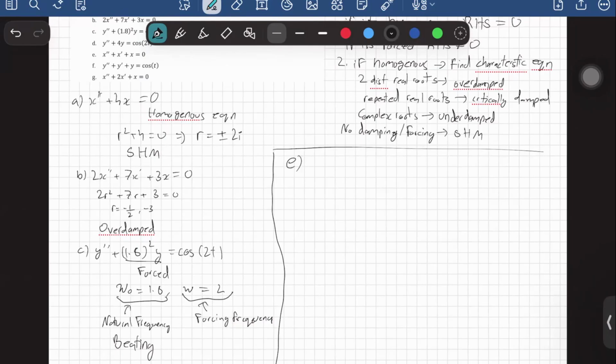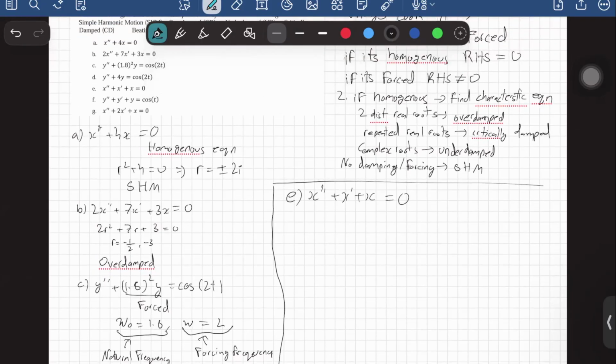So this is E, and this is x double prime plus x prime plus x equals 0. And right now we know that the RHS is equal to 0, so this is a homogeneous equation, right? Now we're going to find the characteristic equation, that's r squared plus r plus 1 equals 0.